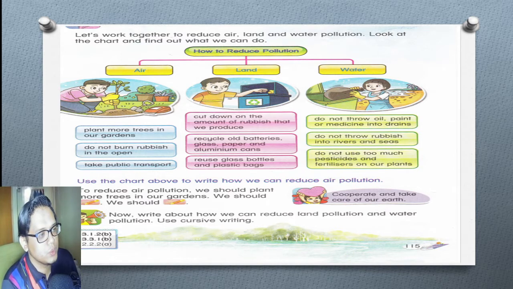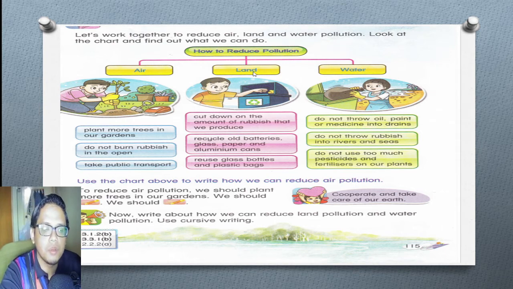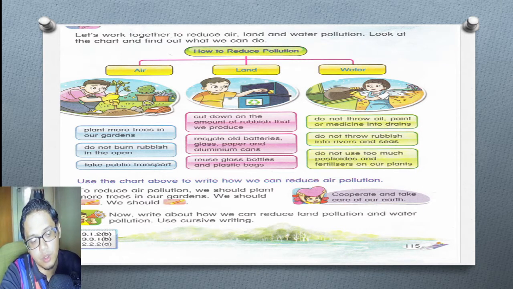We are going to do the writing on how to reduce pollution, which is air pollution, land pollution, and water pollution. If you have your textbook, you can open this page.